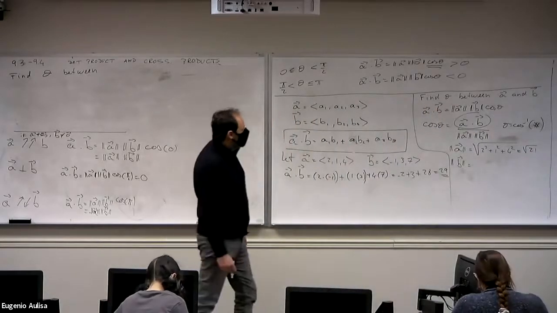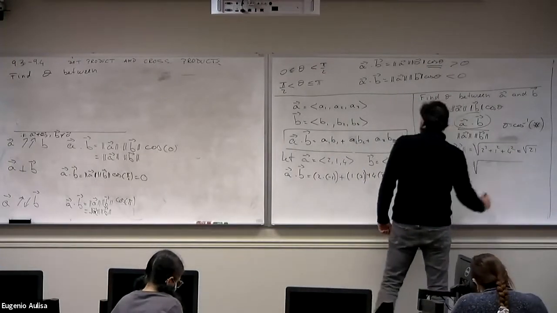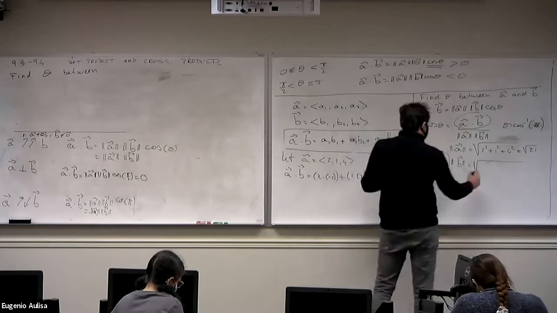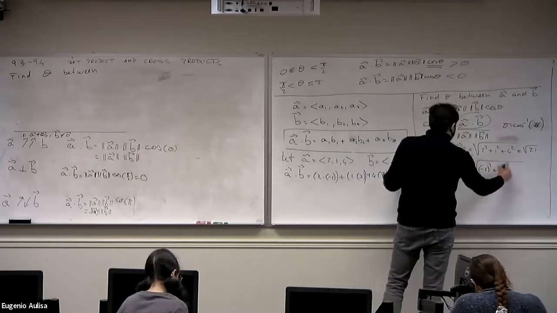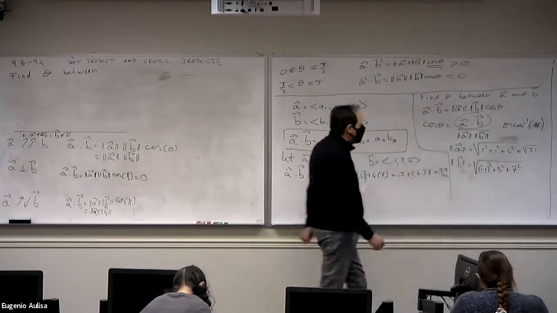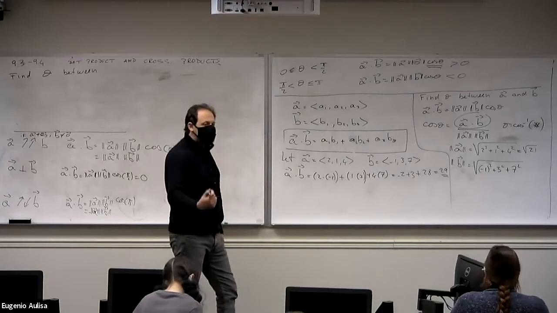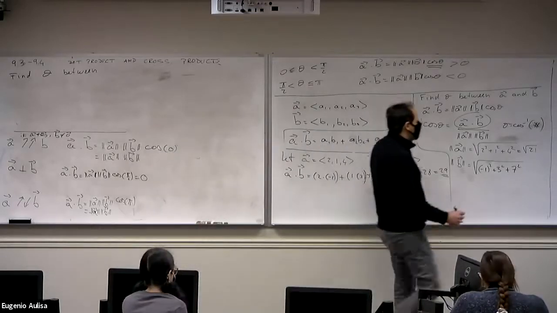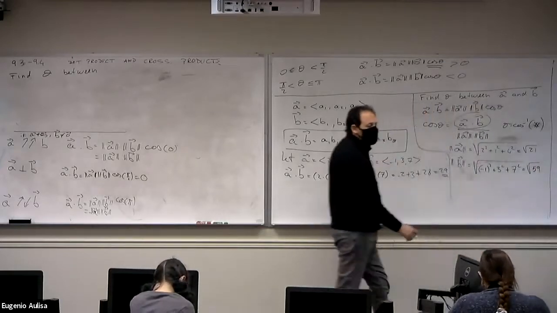Now we're going to have negative 1 squared plus 3 squared plus 7 squared. So this is 49 plus 1, 50, plus 9, 59. Square root of 59.